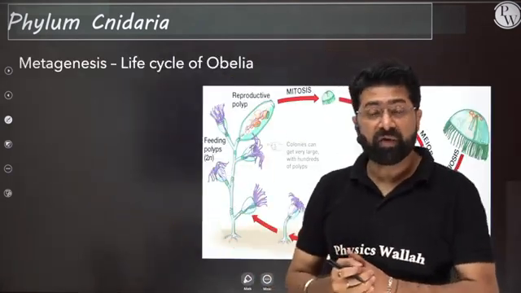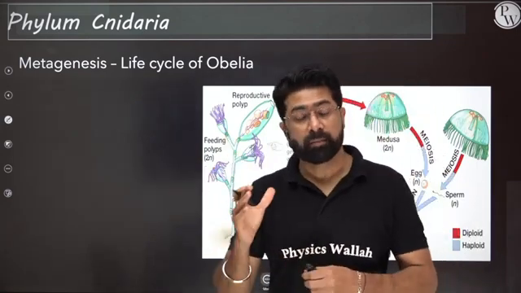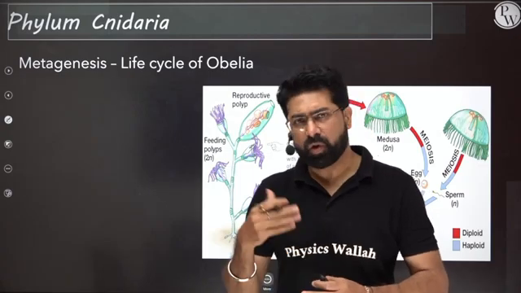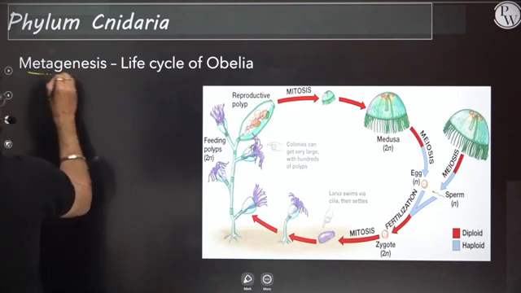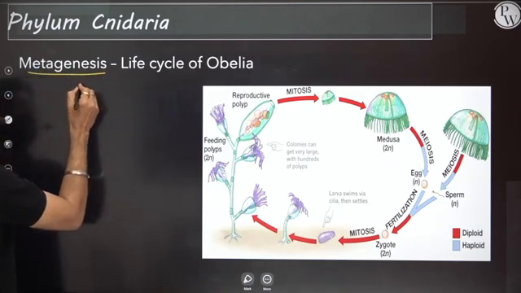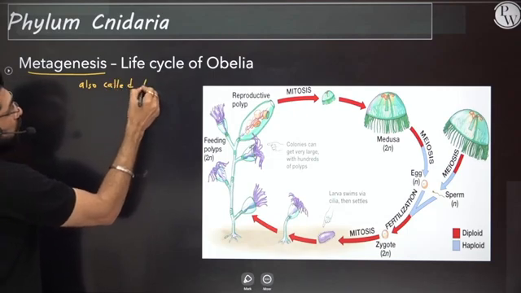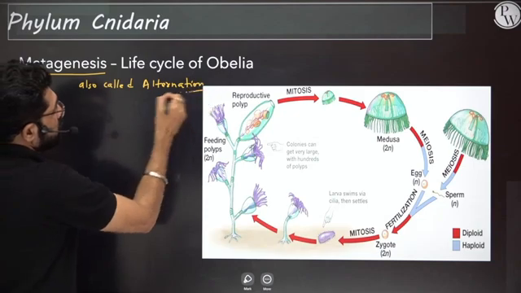Let's talk about one very important event going on in some cnidarians, that is called metagenesis, which is also called alternation of generation. What do you mean by alternation of generation?